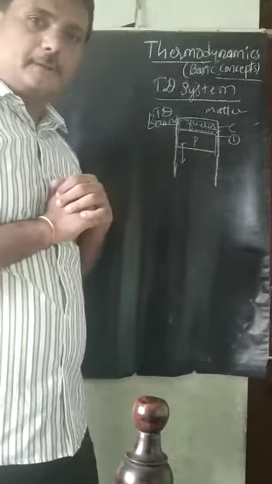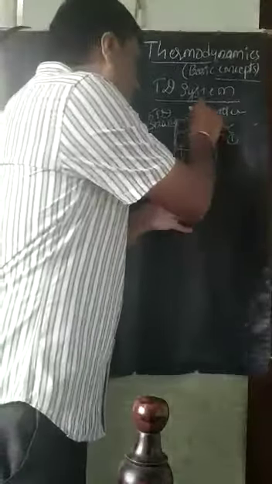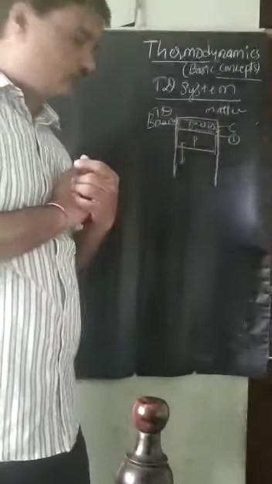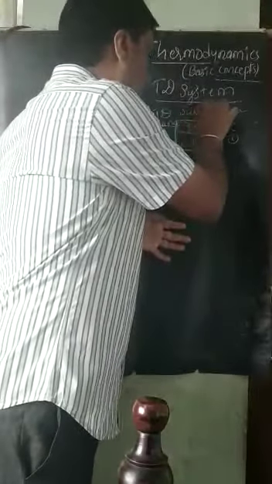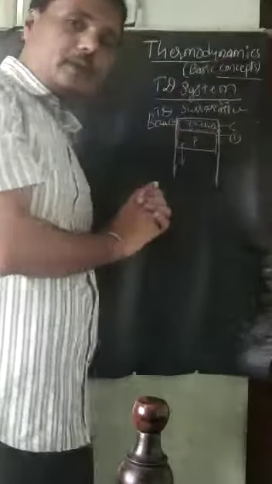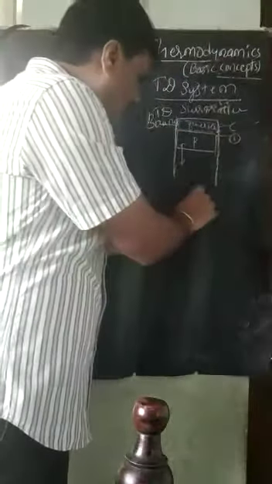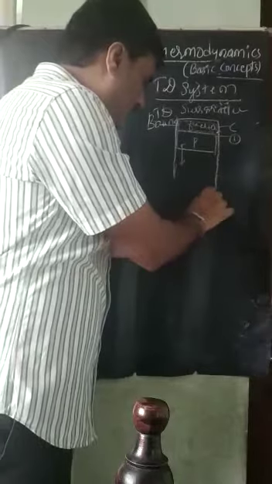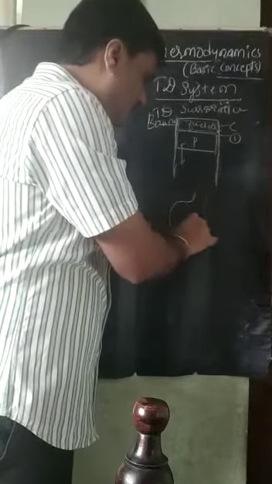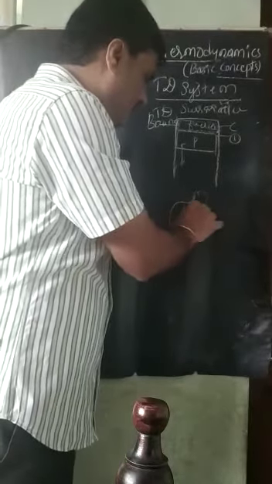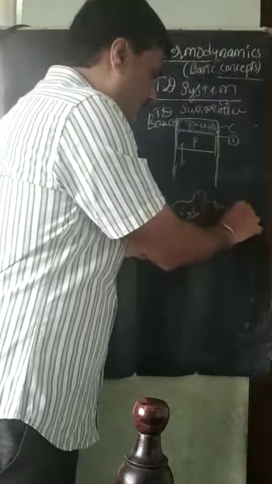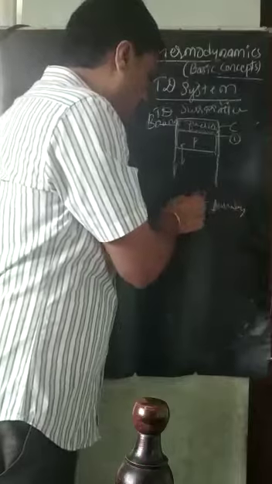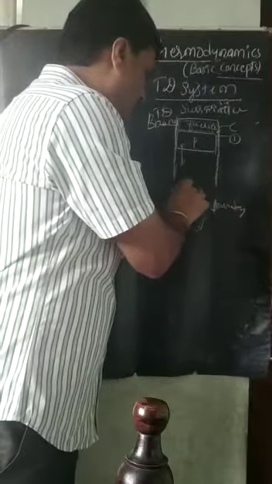Outside this boundary is called the surrounding. In an arbitrary way, this is the system, this is the boundary, and outside of this is called the surrounding.